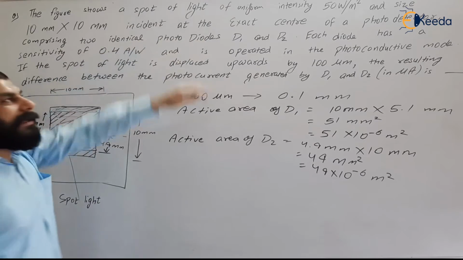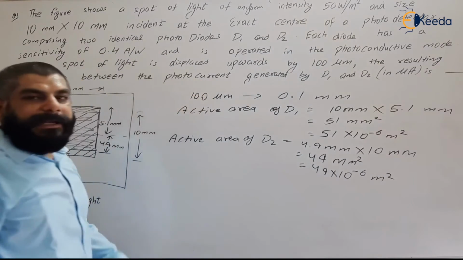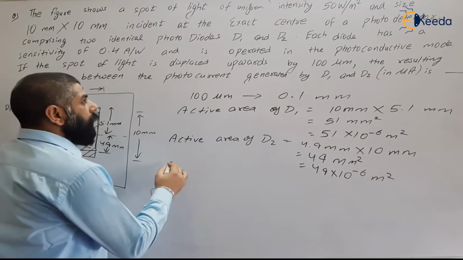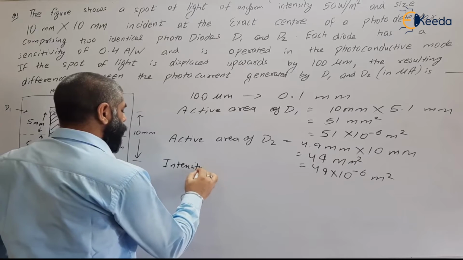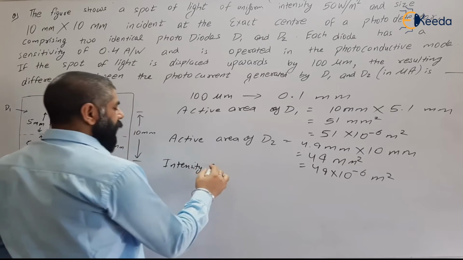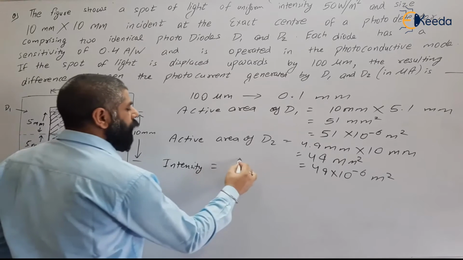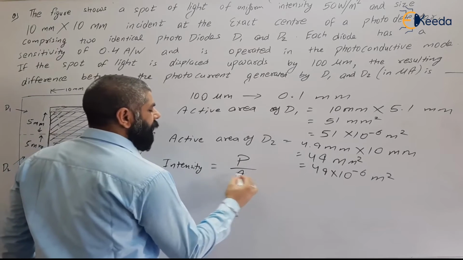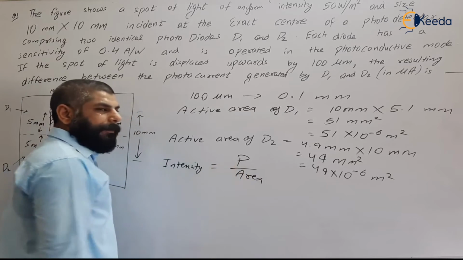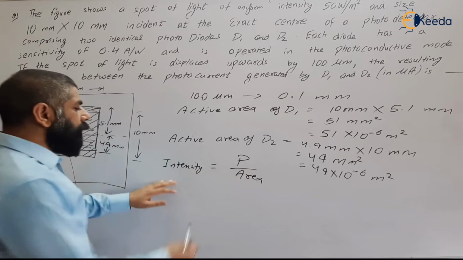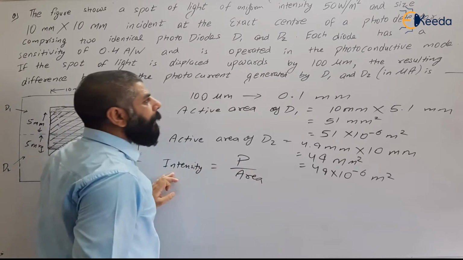So what is intensity? Intensity is the optical power per unit area and that area is nothing but active area. So intensity of a light is equal to power falling per unit active area. This is the active area, and this is the optical power. So from this relation we know the active area, we know the intensity, so we can calculate the power.